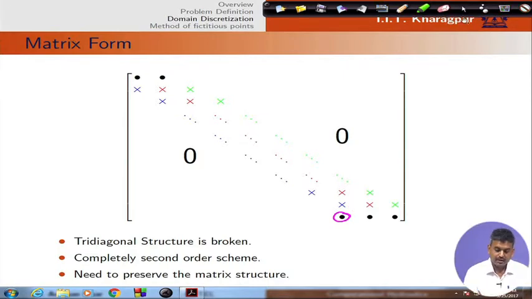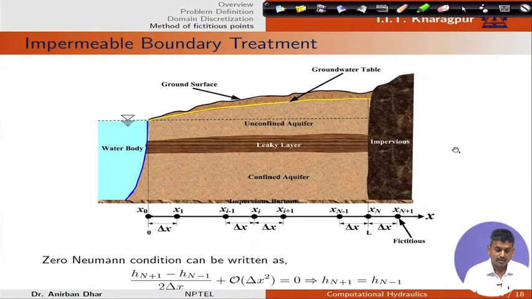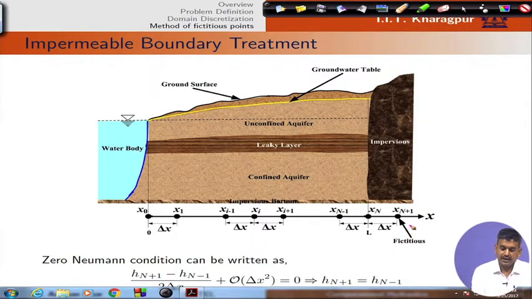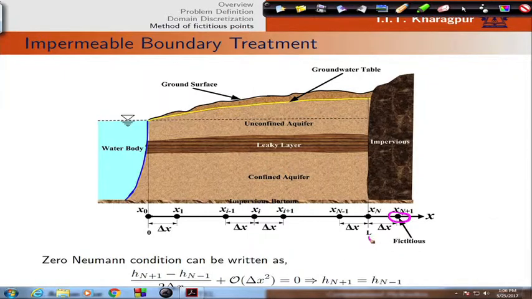Now, we can use the governing equation for interior nodes. So, for impermeable boundary treatment, we can create one fictitious point n plus 1 on the right hand side, where we have this impermeable boundary.